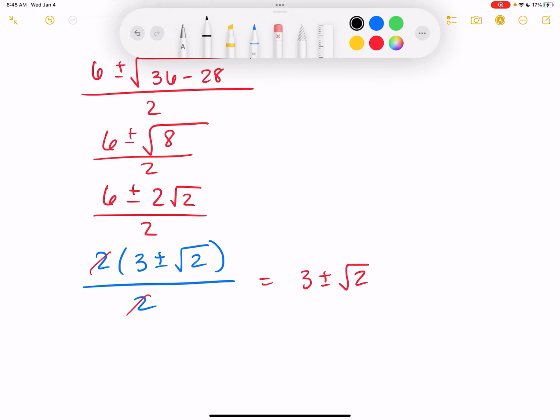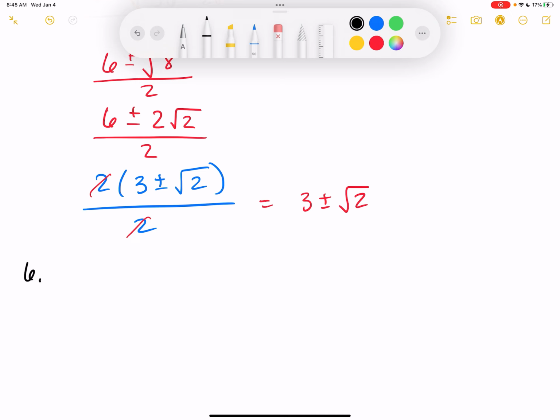Got it. Let's see, number 6. We have x squared minus 16x plus 7 equals 0.